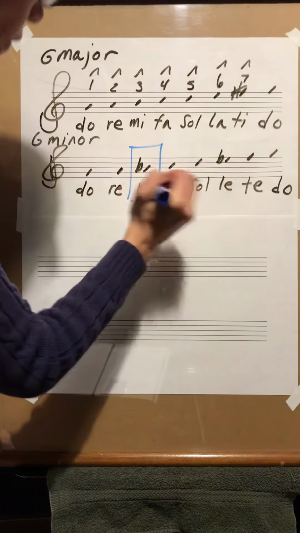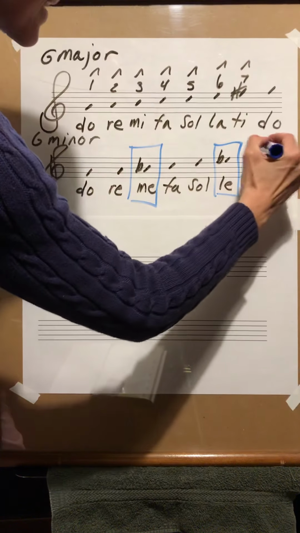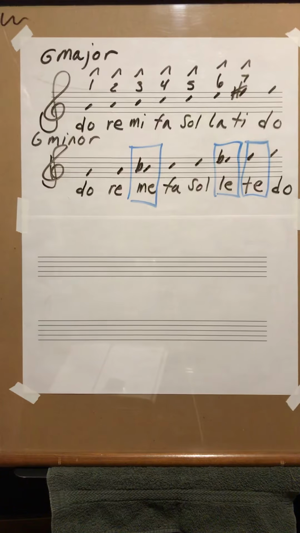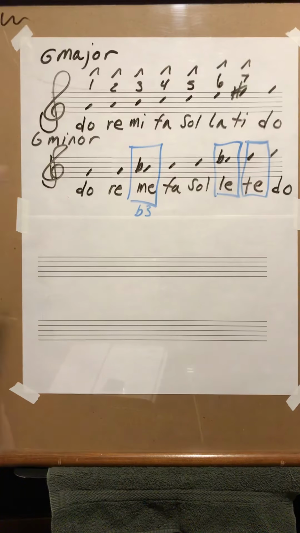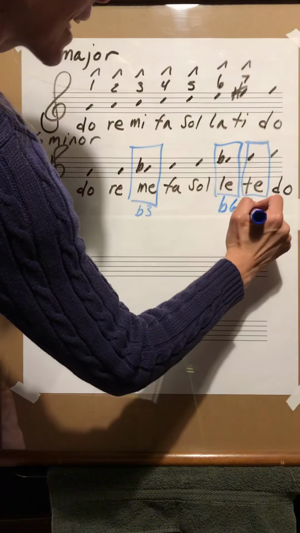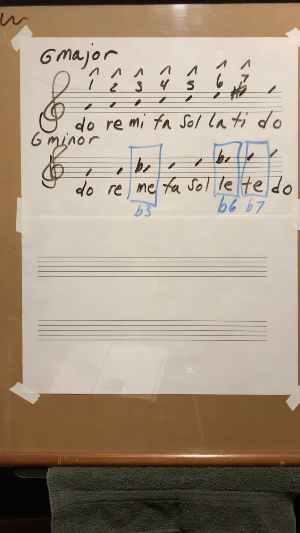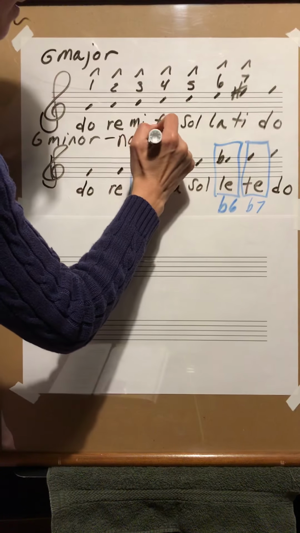So there's 3 scale degrees that are lowered to create the parallel minor. We have a flatted scale degree 3, a flatted scale degree 6, and a flatted scale degree 7. And this is what we call natural minor.